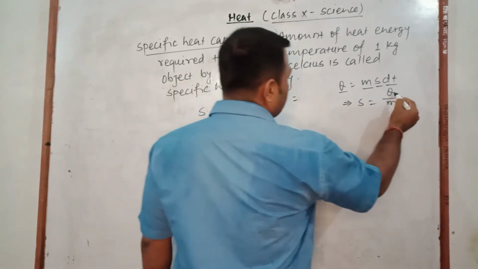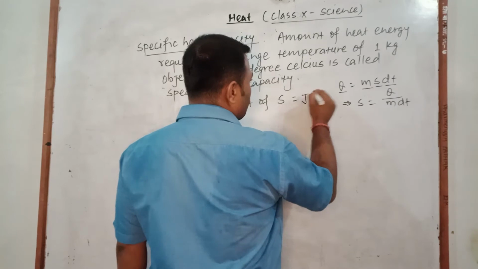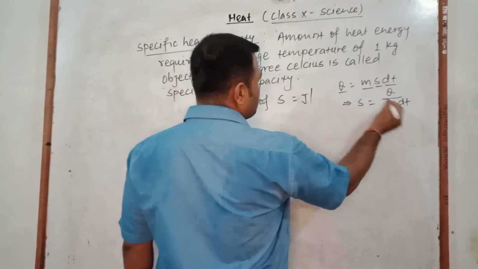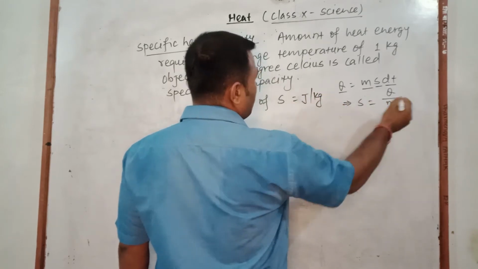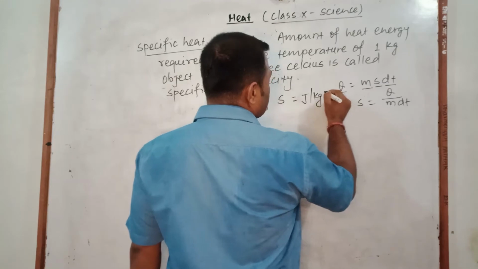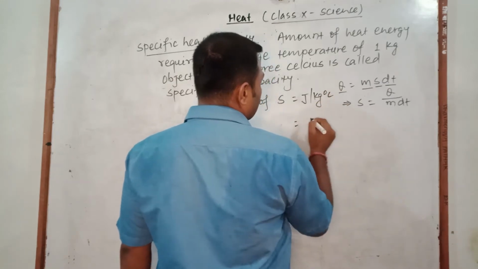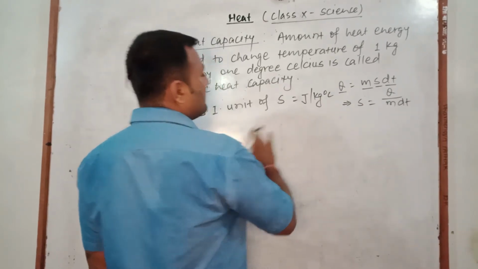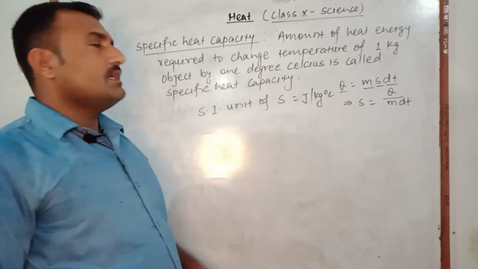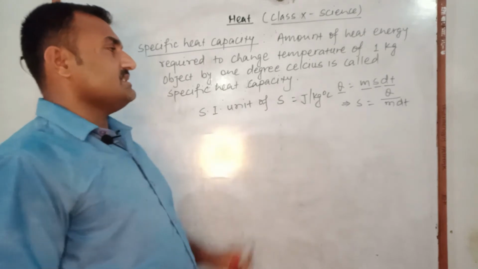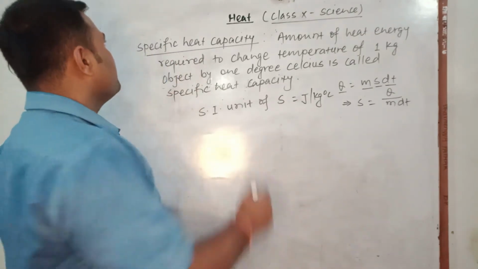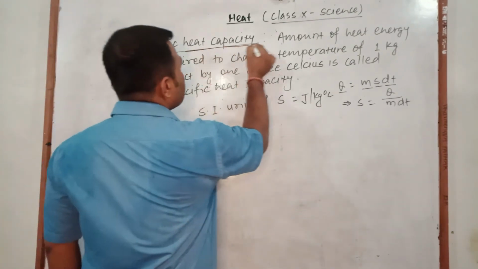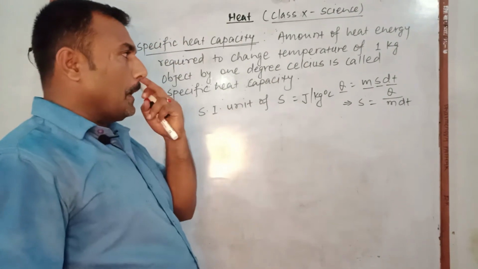The SI unit of Q is joule, mass is in kg and temperature is in degree Celsius, so joule per kg degree Celsius is the SI unit of specific heat capacity. Specific heat capacity and heat capacity are different terms.